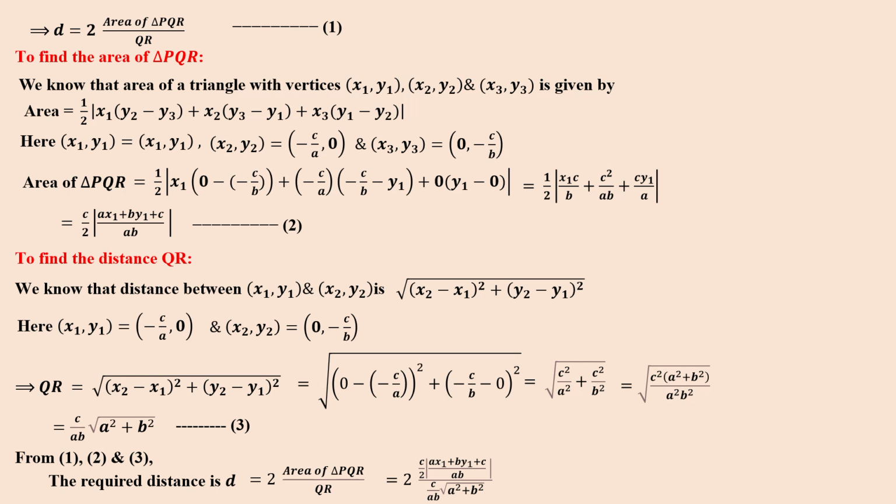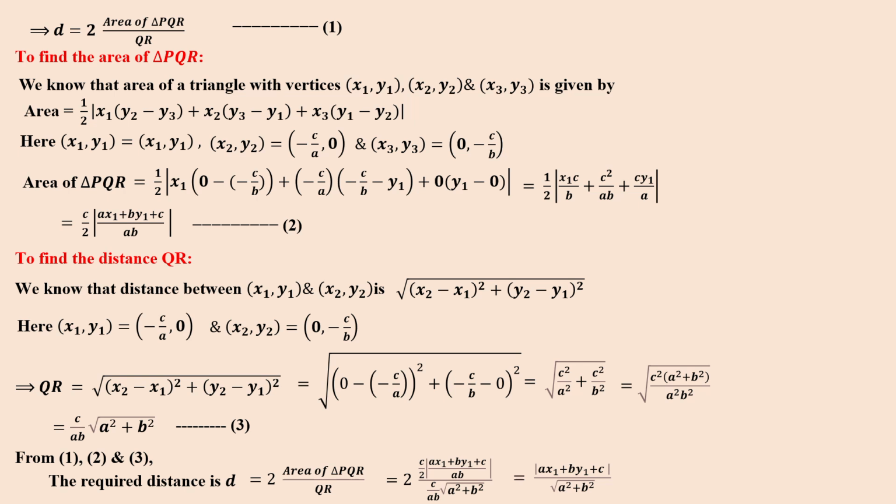So 2 is outside and 1 by 2 in the numerator, so 2 into 1 by 2, 2 and 2 get cancelled. Next, AX1 plus BY1 plus C by AB, right, in the numerator. Similarly, remaining term in the denominator, root of A square plus B square by AB. So AB and AB get cancelled. So remaining you have modulus AX1 plus BY1 plus C by root of A square plus B square, which is to be proved.